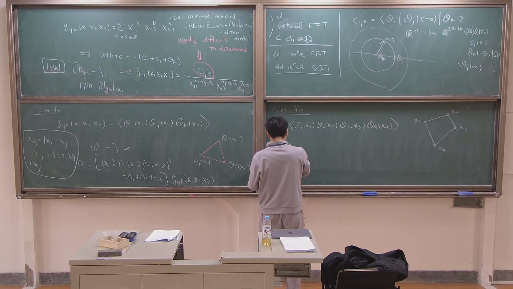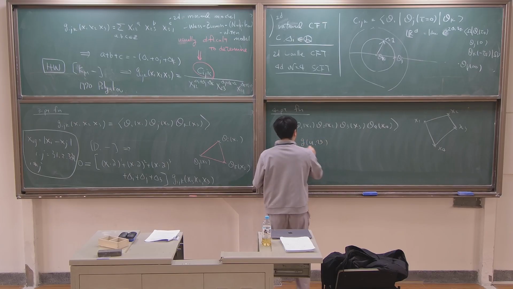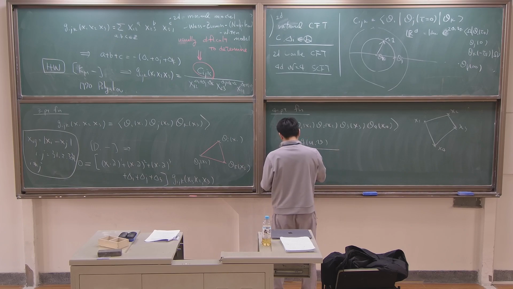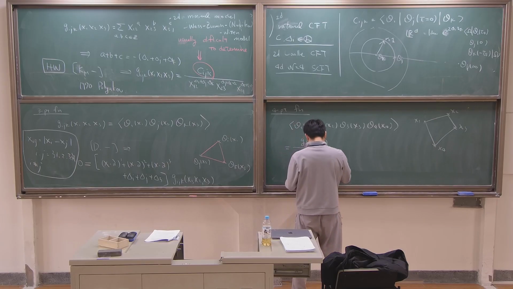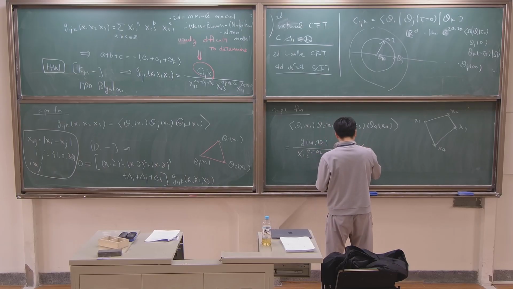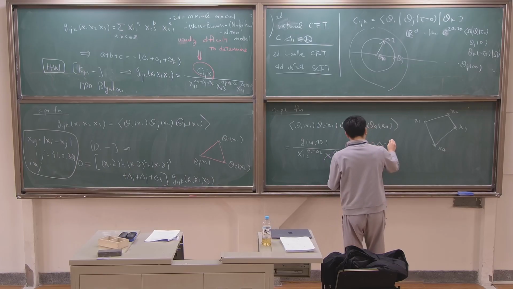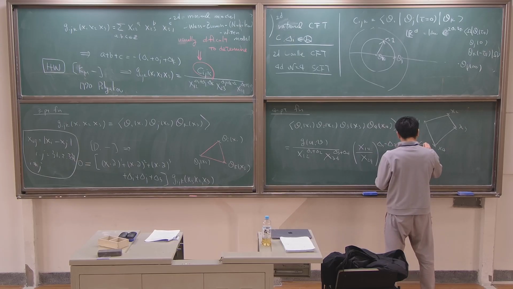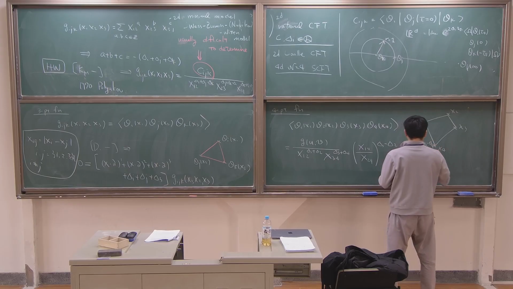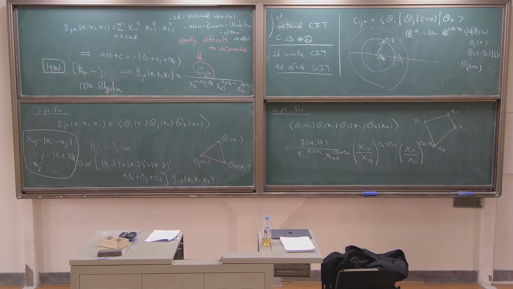This is equal to some function G of U and V divided by powers of x, with Delta 3 and Delta 4.